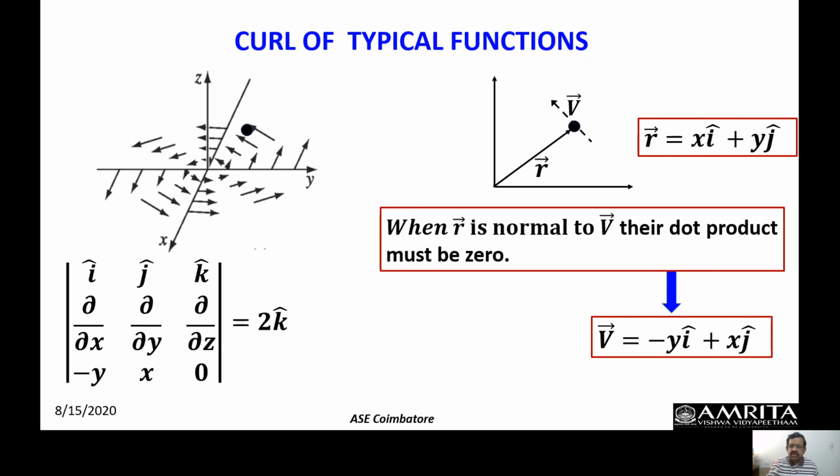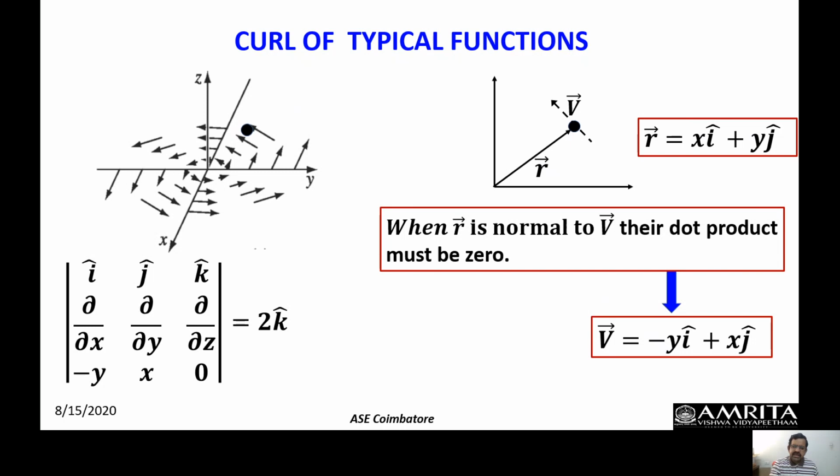If I do that, the dot product gives minus xy plus yx, which becomes 0. So these two vectors are perpendicular, and therefore I have identified the vector function associated with this fluid flow.